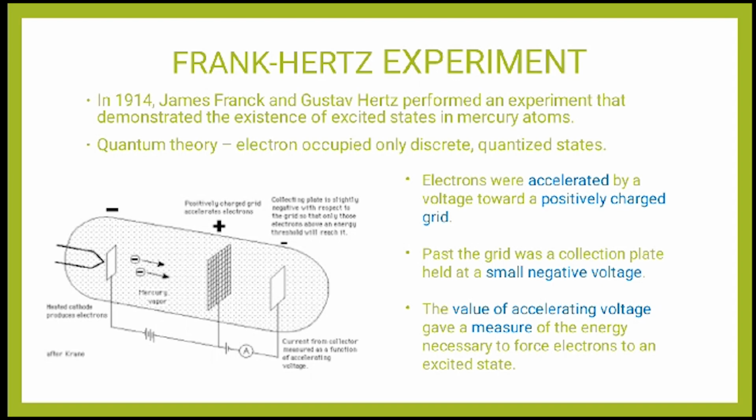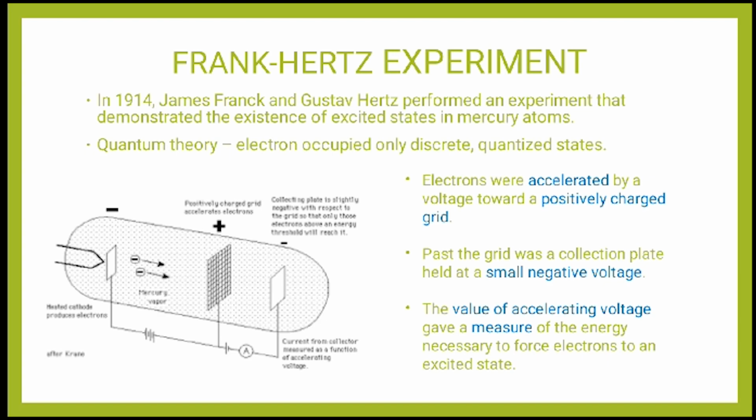Next is the Franck-Hertz experiment. In 1914, James Franck and Gustav Hertz performed an experiment that demonstrated the existence of excited states in the mercury atom. From this experimental apparatus, we can see that the electrons were accelerated by a voltage toward a positively charged grid.